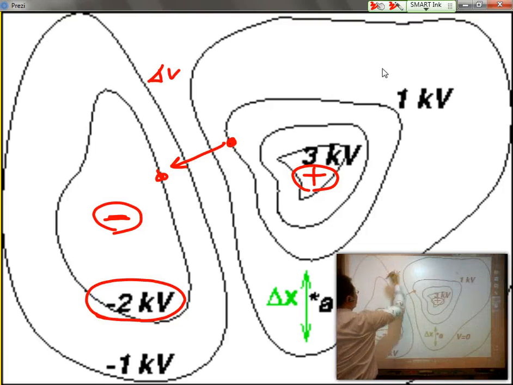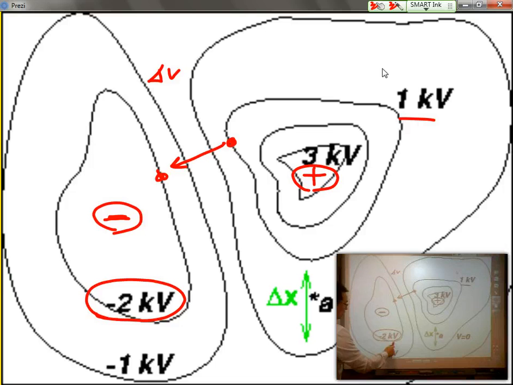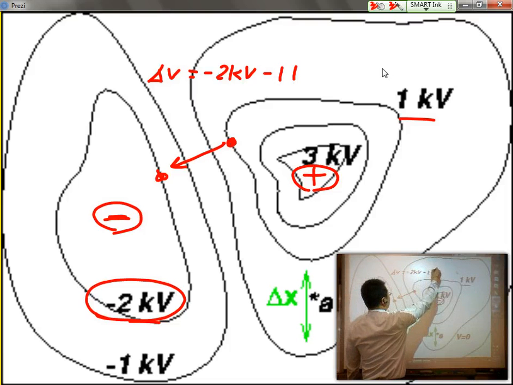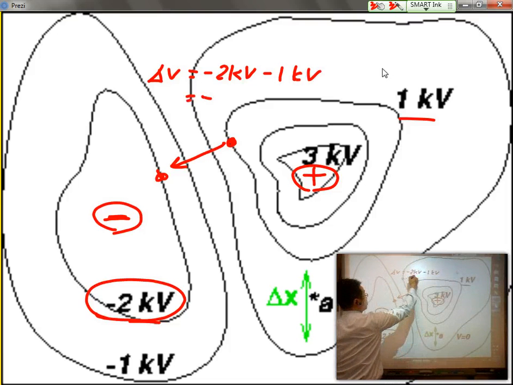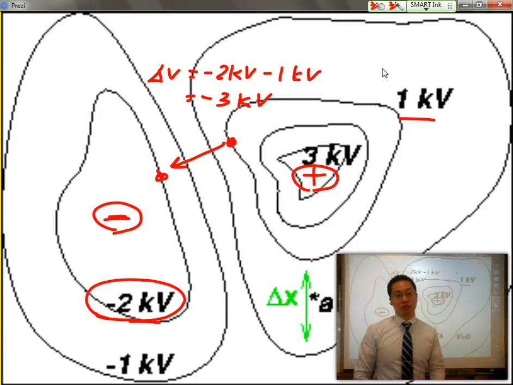So in this case, the delta V is going from 1 kilovolt to -2 kilovolts. So final minus initial, -2 kV minus 1 kV, the potential difference is equal to -3 kilovolts, meaning that the charge fell down a total electric potential of -3 kilovolts.